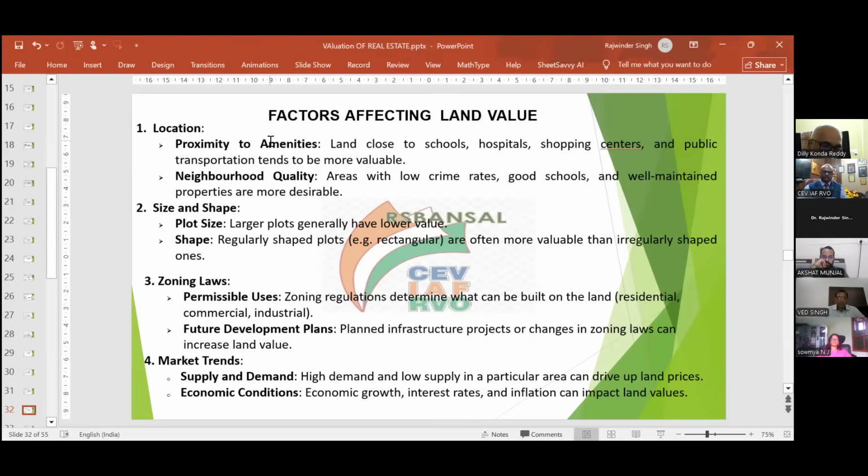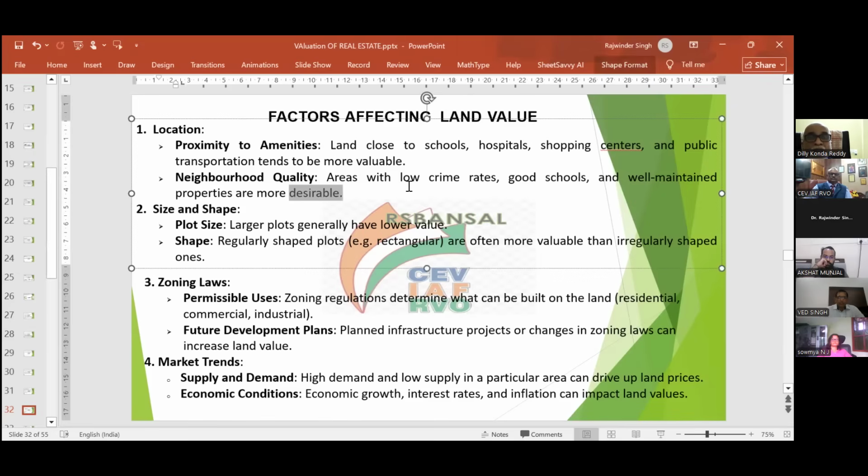In location there are certain things such as proximity to amenities. The land parcels which are nearer to the school, hospital, shopping centers, public transportation, they will have more value. And then, of course, neighborhood quality. Areas with low crime rates, good schools, well-maintained properties are more desirable.